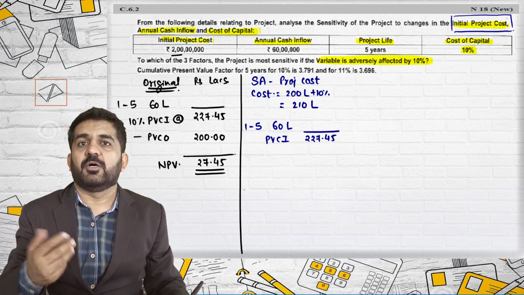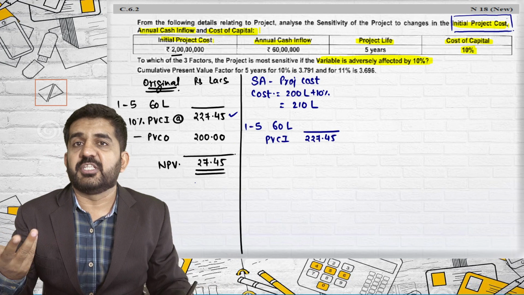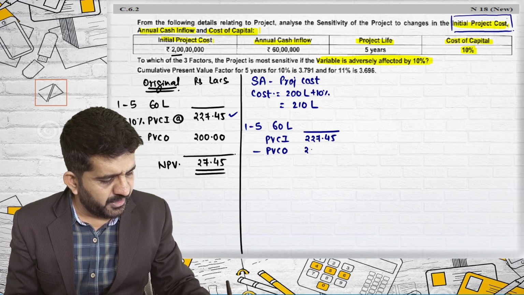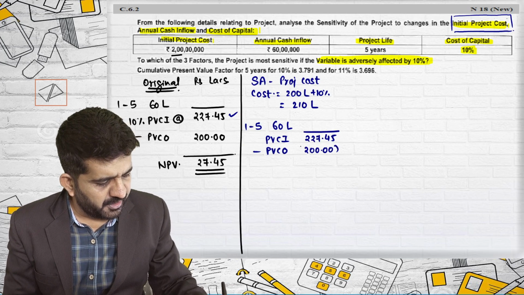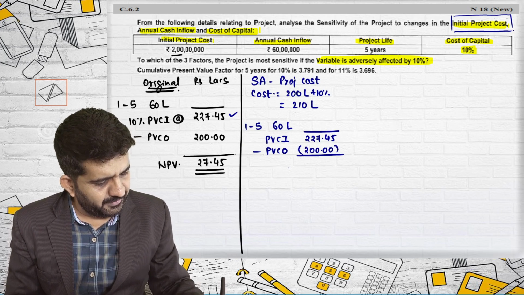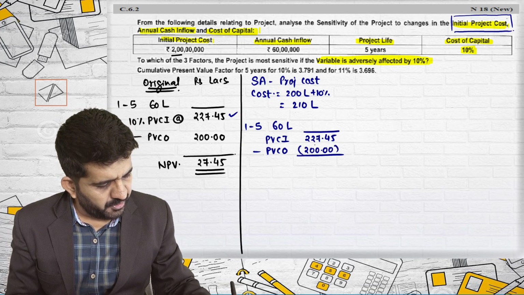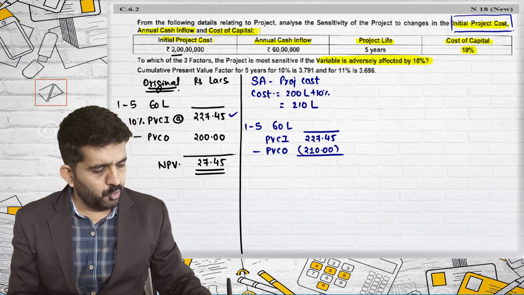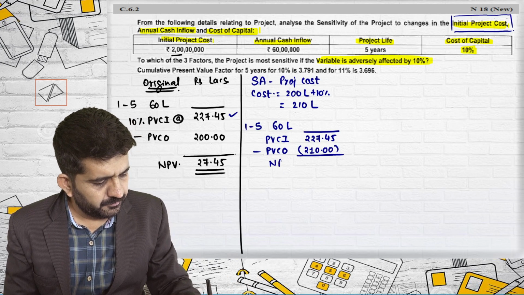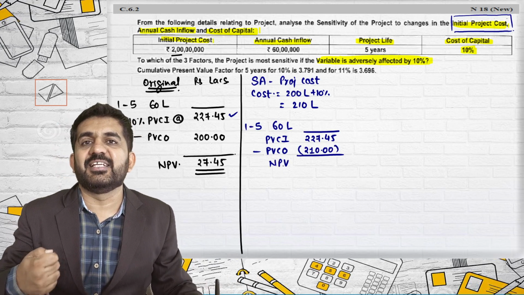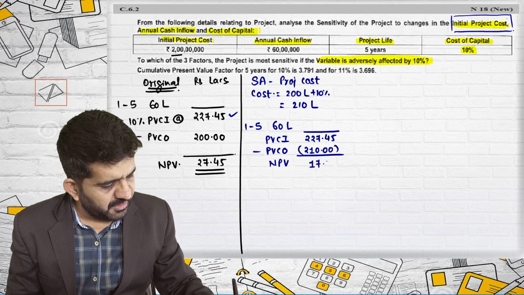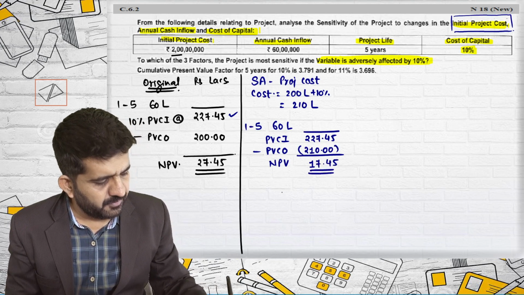Don't find it again. You have already found it over here. Nothing has changed. The present value of cash outflow has changed, which is 200 lakhs. Sorry, which is 210 lakhs. So my NPV, if project cost increases by 10%, will be 17.45.